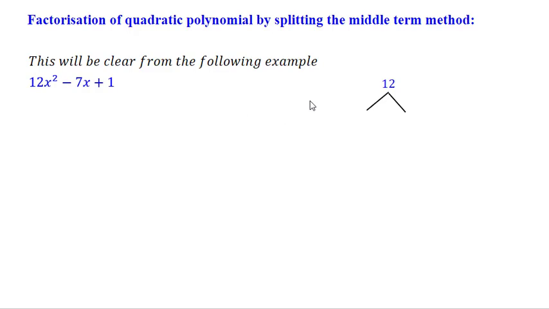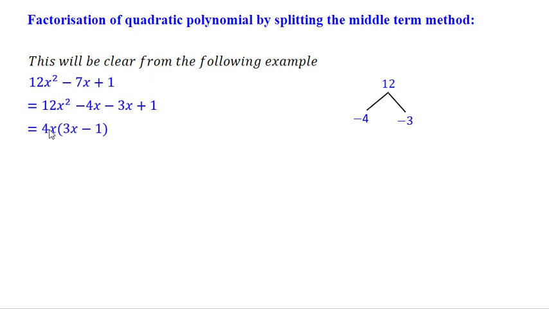So 12 I can split as 6 into 2, I can split 12 as 12 into 1, I can split as 4 into 3. So I have to check which two factors give me addition as minus 7. So minus 4 and minus 3, their product is 12 and their addition will give me minus 7. So I will write this 12x square minus 7x plus 1 as 12x square minus 4x minus 3x plus 1.